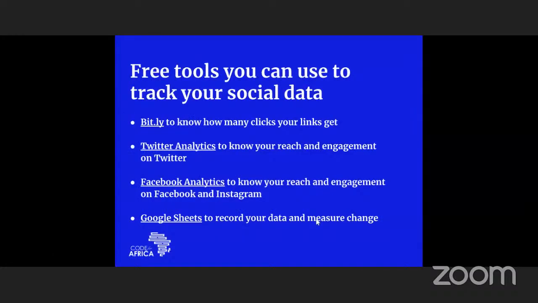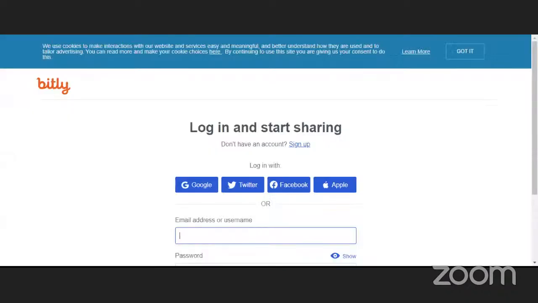Then, some of the free tools that you can use to track your social media data. One of the tools is called Bitly. Bitly helps you know how many people have clicked on a particular link. This is how Bitly looks.